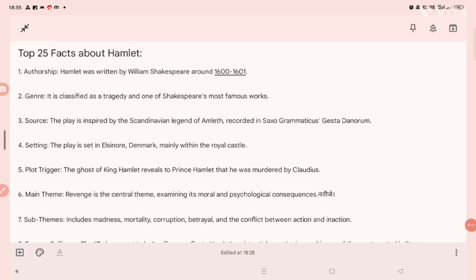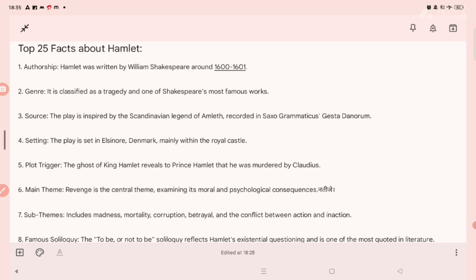Here are the most important facts about Hamlet. Authorship: Hamlet was written by William Shakespeare around 1600 to 1601.